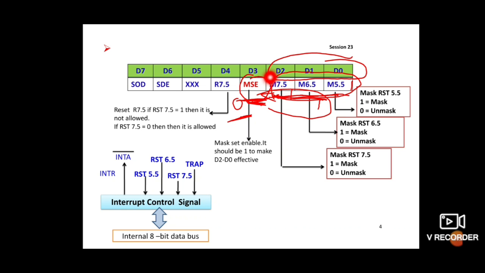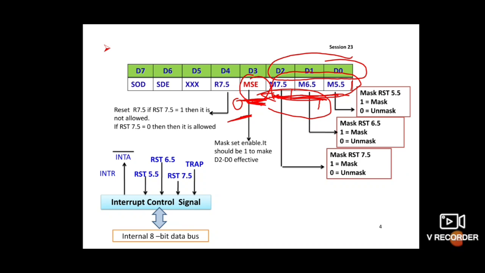But these 3 pins totally depend on the MSE pin. And what is R? R means reset 7.5, RST 7.5. If 1 is there, then it is not allowed. If 0 is there, then it is allowed. This is the SIM instruction. Understood, student? How to execute the SIM instruction?